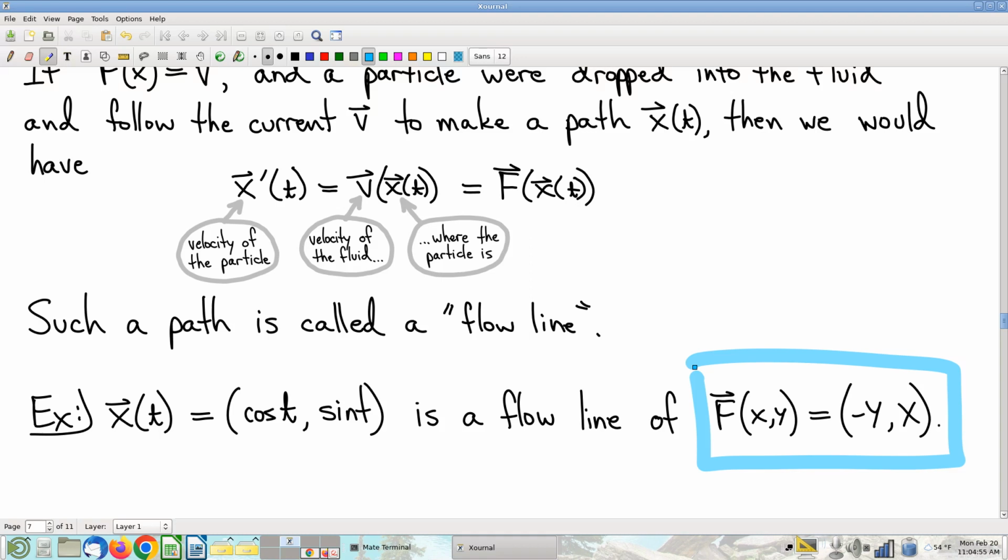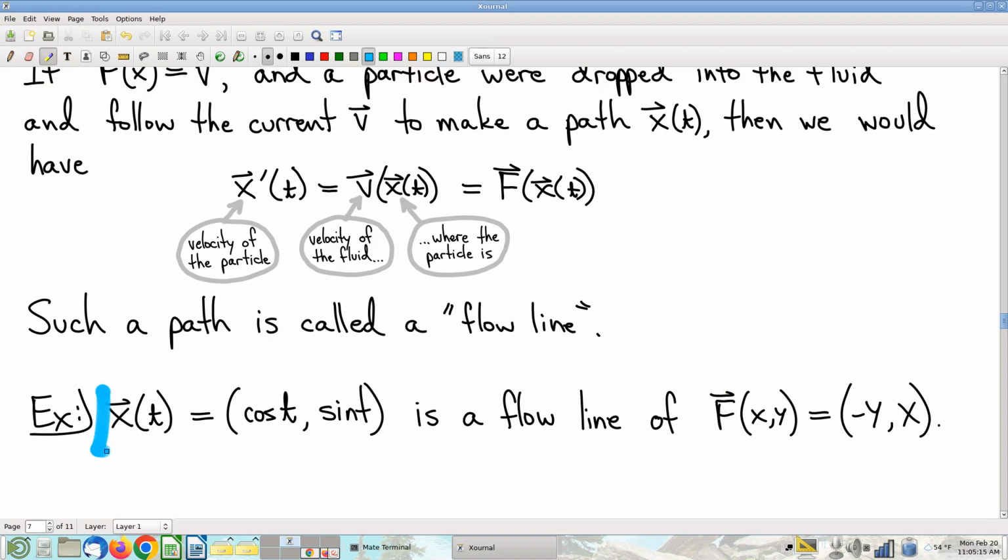And so, what does the particle do if you were to drop it into this fluid? Well, the fluid's going around in circles. Wouldn't you speculate that the particle would go around in circles as well? And here that is. There's a path. This is a parameterization of a path describing literally going around in a circle.